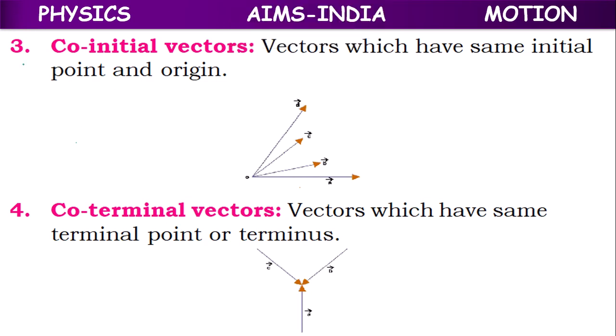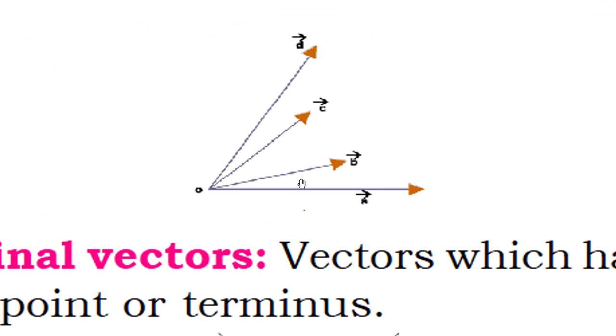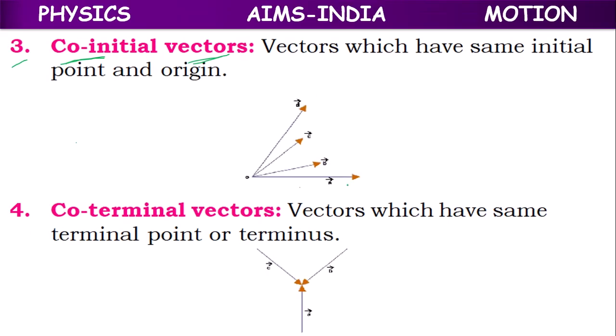Next, the third type, we have co-initial vectors. Suppose here we have so many vectors: A vector, B vector, C vector, D vector. All vectors are pointing in different directions. But what is the similarity between them? They all have the same initial point, meaning the place from which they originated or started is the same.